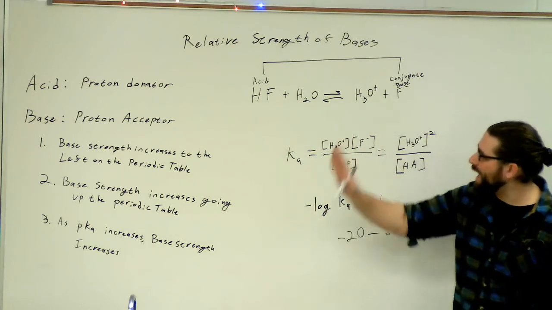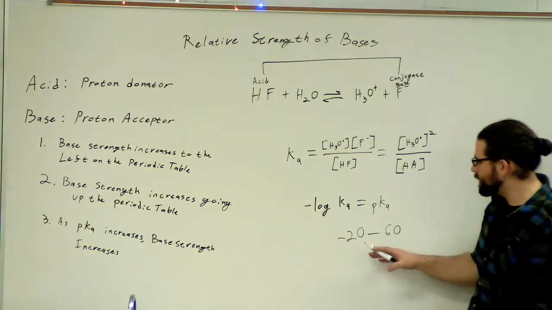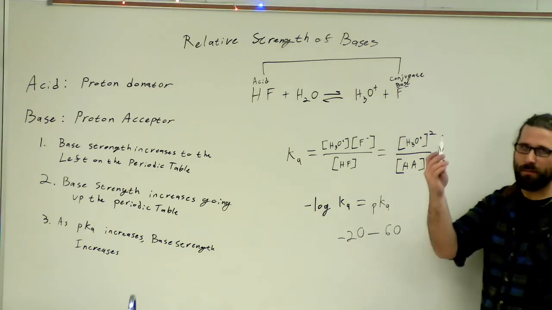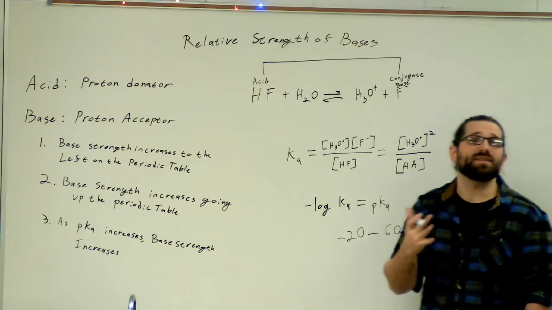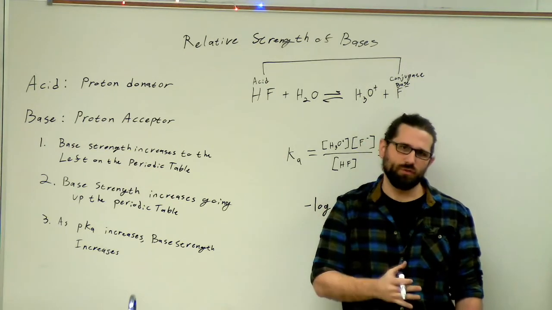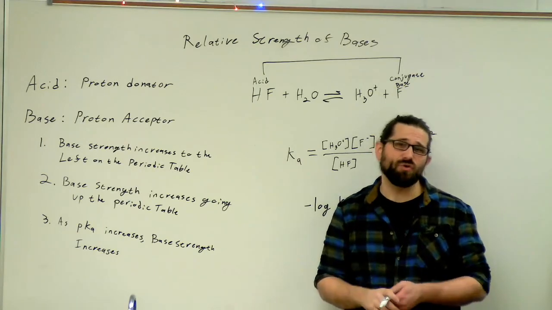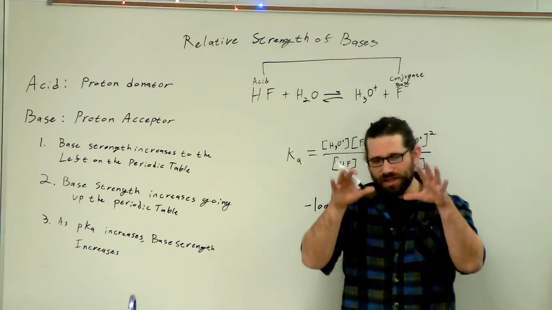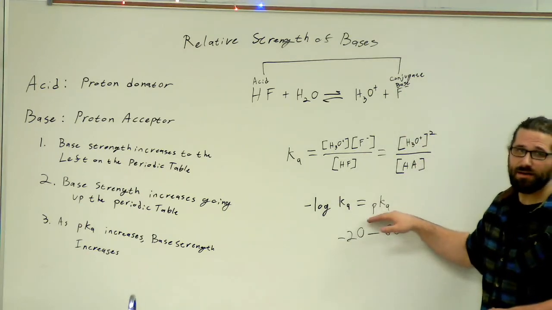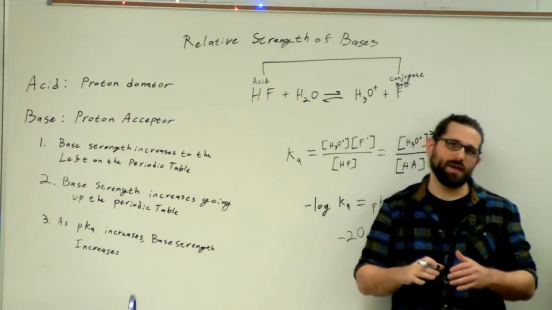But all you need to take away from this is that as the pKa goes up, the strength of the base goes up. And so we have a table of pKa values for common functional groups like carboxylic acids, alcohols, and amino groups. So we're going to be able to look at that table, look at our relative pKa, and identify if this is going to be a strong base or not. All right?